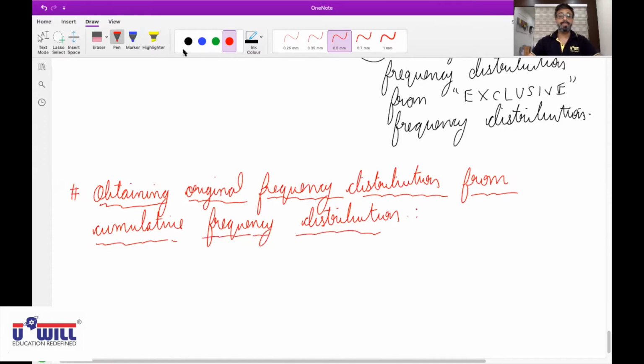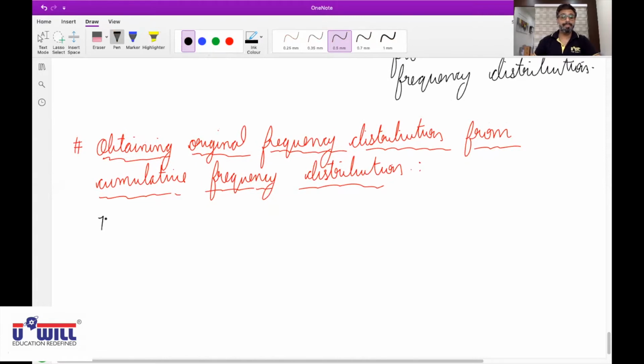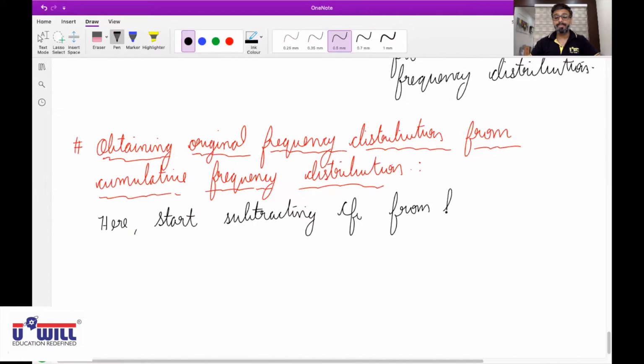So write down here: start subtracting CFI from highest CFI to obtain the frequencies.